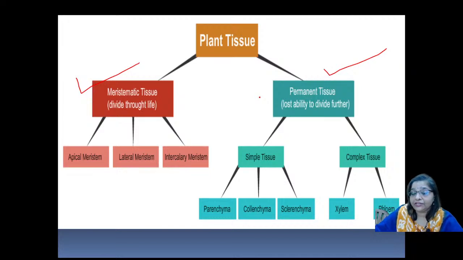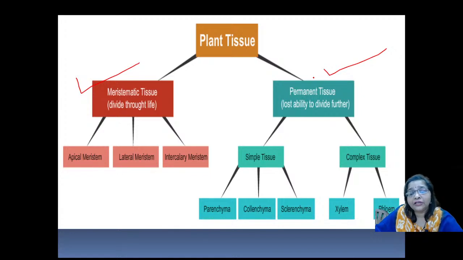Now, after differentiation, the tissues attain a permanent location, and they undergo changes and modify themselves according to their functions. Whichever function they have to perform, they modify accordingly, by the process of differentiation.